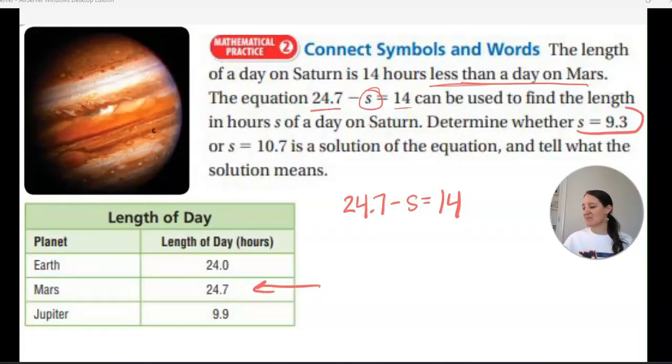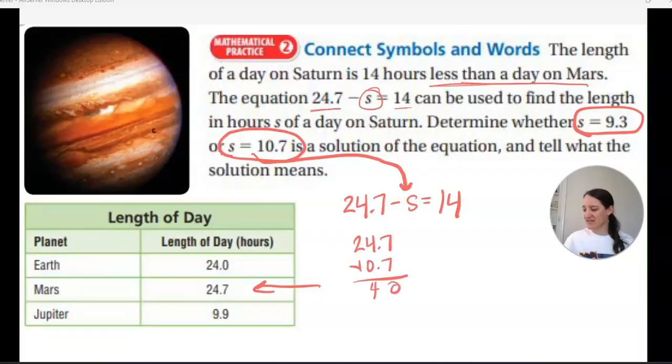So we've got to decide, is S equals 9.3 the solution, or is S equals 10.7 the solution? Which one do we want to go with? I'm going to go with this one. So I'm going to put 24.7, subtract 10.7, and I get 14.0. So 10.7 is the solution. And what does that solution mean?